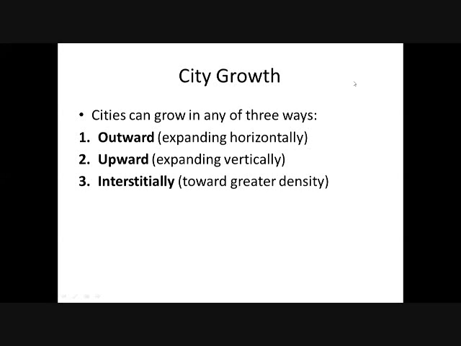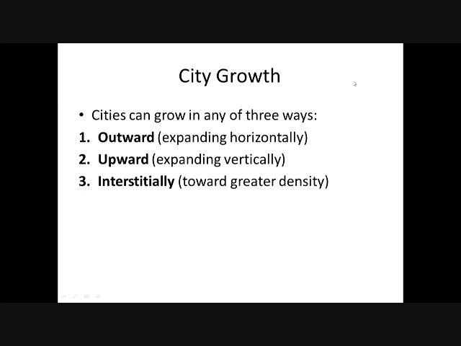Outward, they expand the roads and create new neighborhoods. Upward, we see the skyscrapers and the towers going up in many cities to expand vertically, or create more density. How do we create more density?